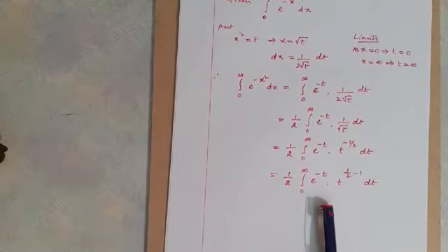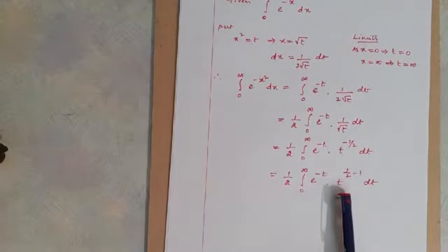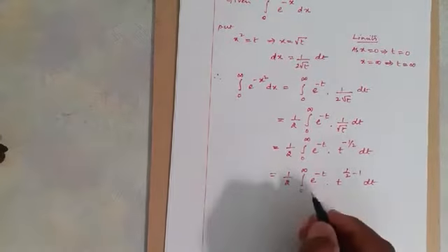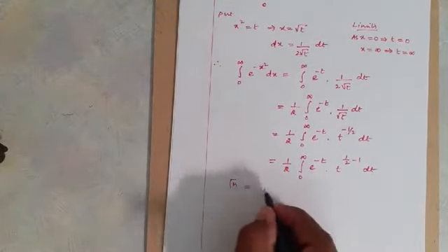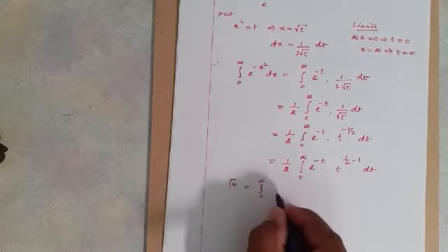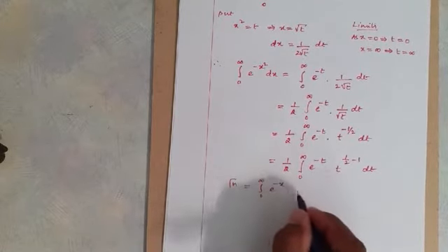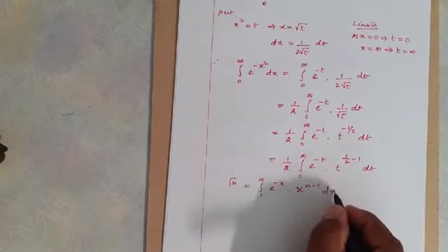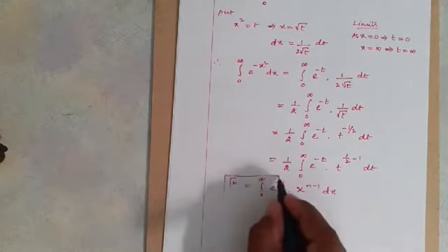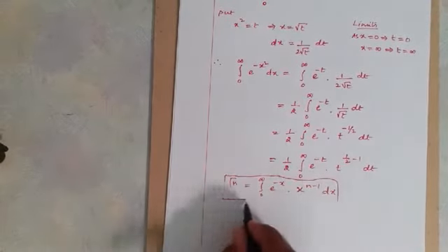I will write here the definition of gamma n: gamma n is equal to integral 0 to infinity e power minus x into x power n minus 1 into dx. This is the definition of gamma.